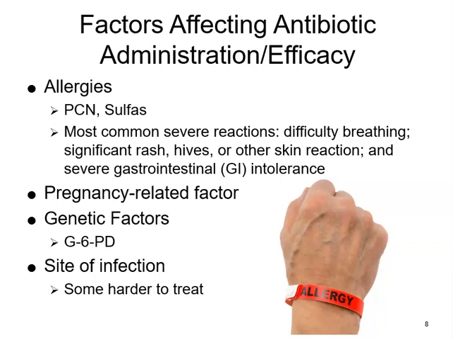You need to check for allergies prior to giving antibiotics, understanding that there are some cross-sensitivities out there. Certain antibiotics are safe during pregnancy, like our penicillins. Others are not. G6PD deficiency is a type of genetic hemolytic anemia.